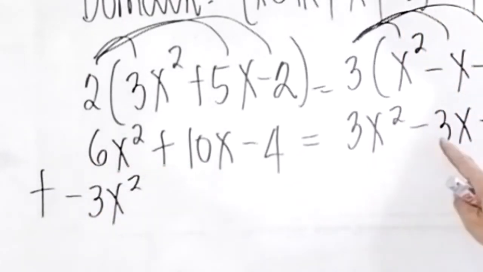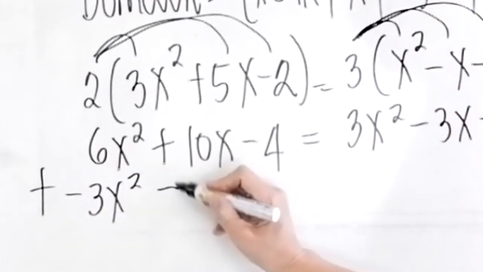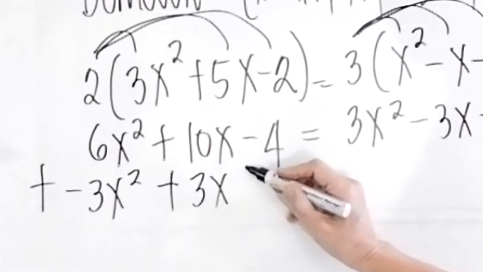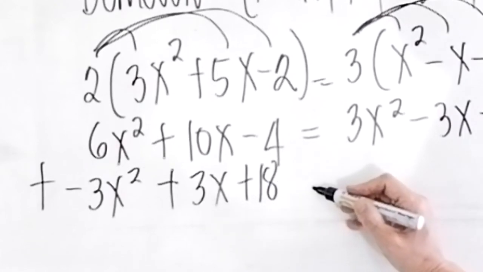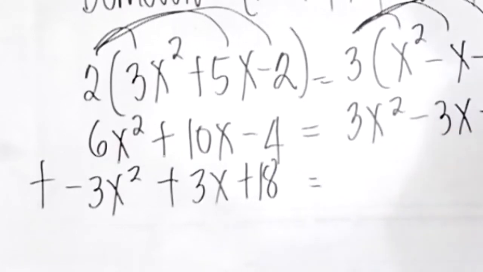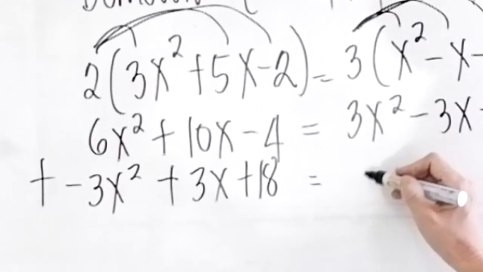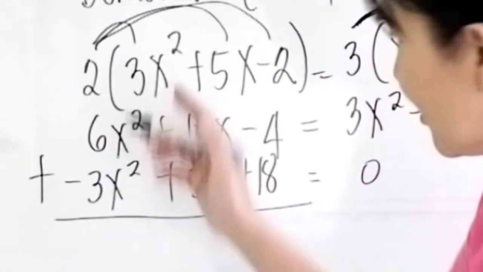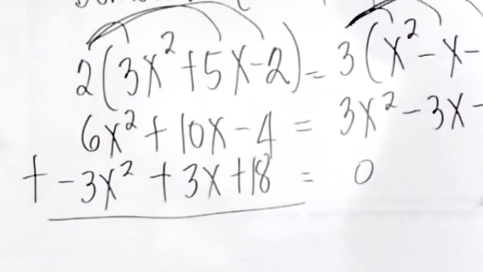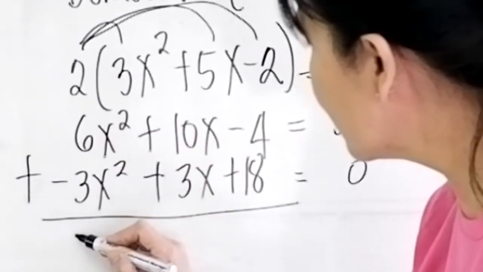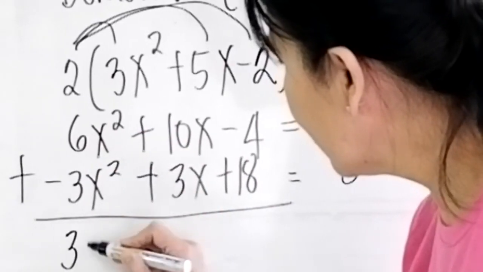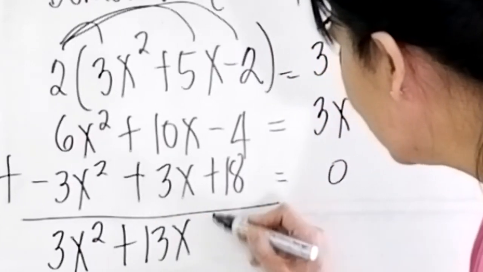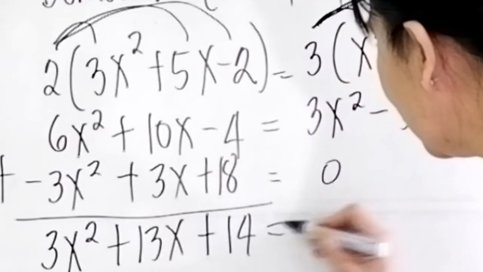Negative 3x becomes positive 3x. Negative 18 becomes positive 18. Transposing all of this, the right side becomes 0. Then let's add them: 6 minus 3 is 3x squared plus 13x plus 14 equals 0.